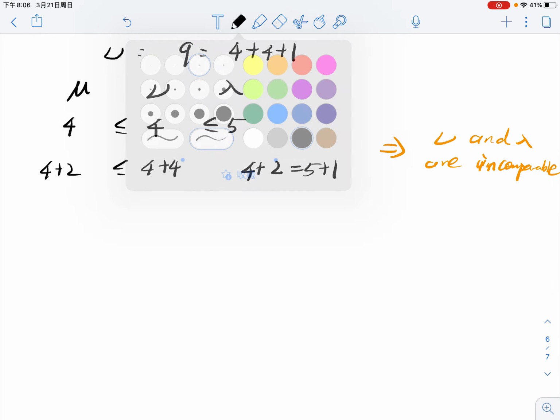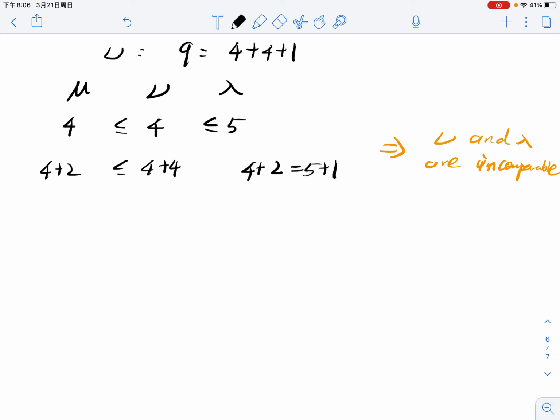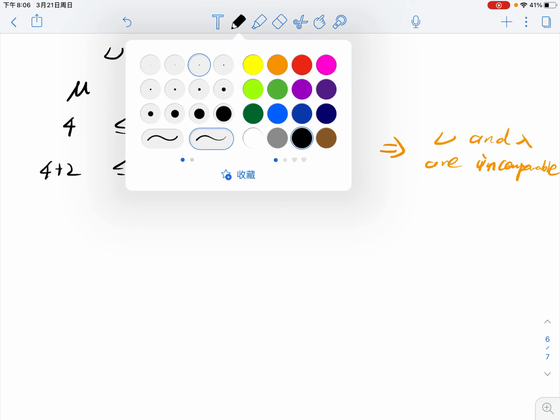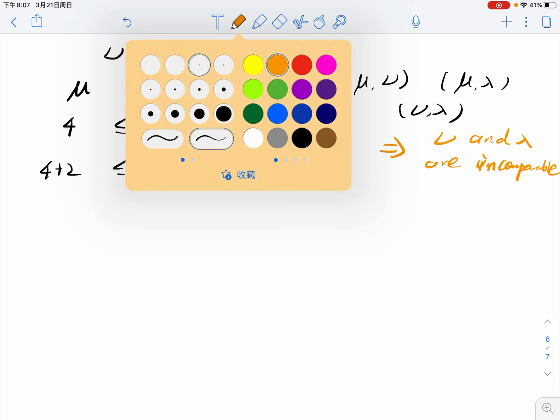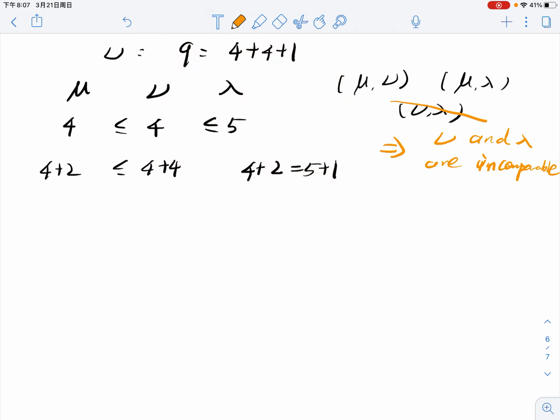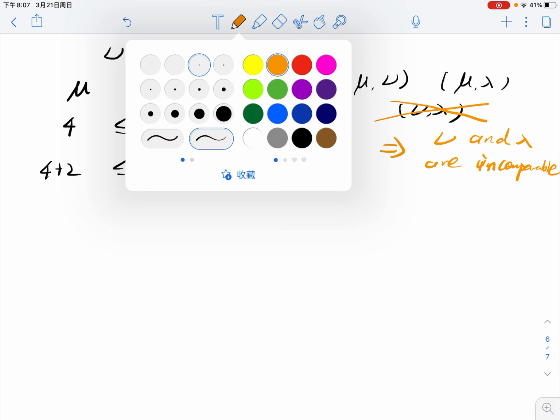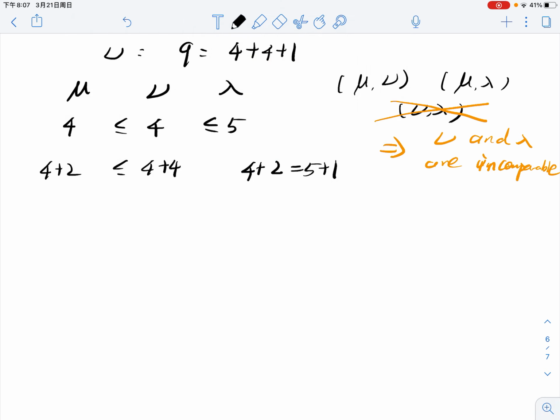Okay, next, here actually you have totally three pairs: nu and mu, mu and lambda, nu and lambda. By the discussion, we don't need to consider nu and lambda anymore, they are incomparable.